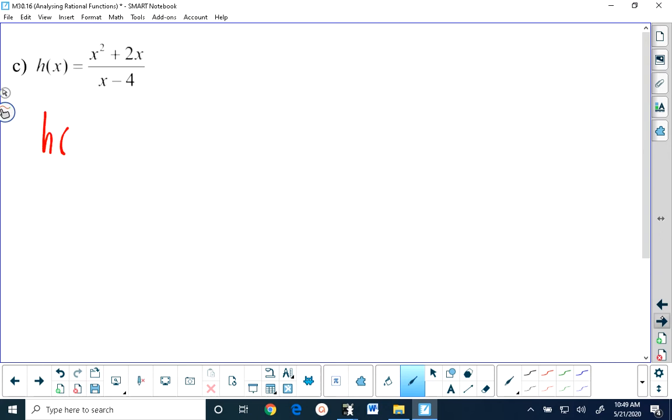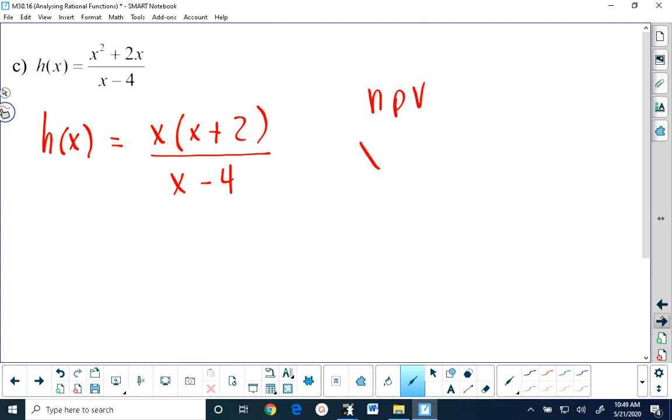C, we're going to start by factoring things to see if anything cancels. We can see by looking at the denominator that we have a non-permissible value of x equals 4. What will there be at x equals 4?